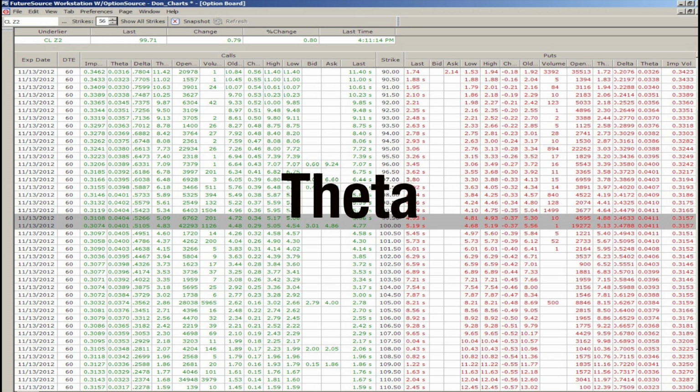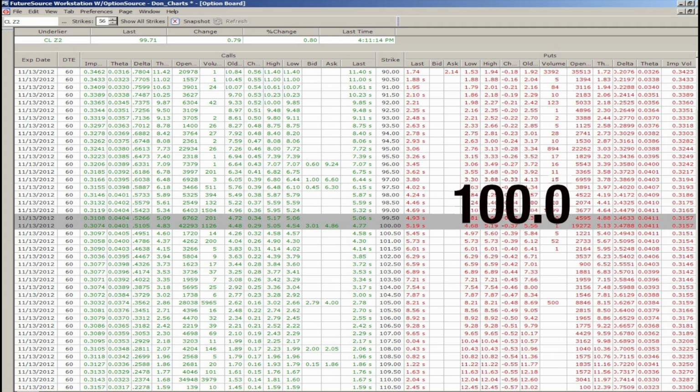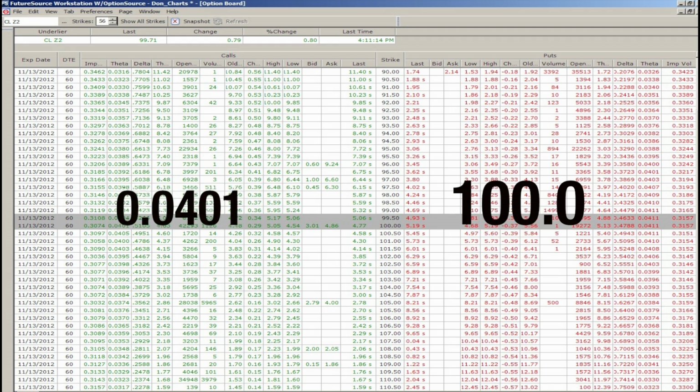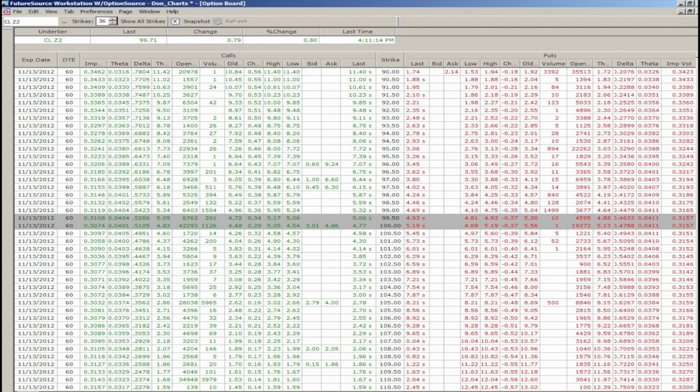Theta, another Greek, indicates how much value the option contract loses as the expiration date approaches. The 100 even call has a theta of 0.0401, or if all else remains equal, this call will lose theoretically 40 cents per day until expiration. Theta increases as the option gets closer to expiration if you are long that option.